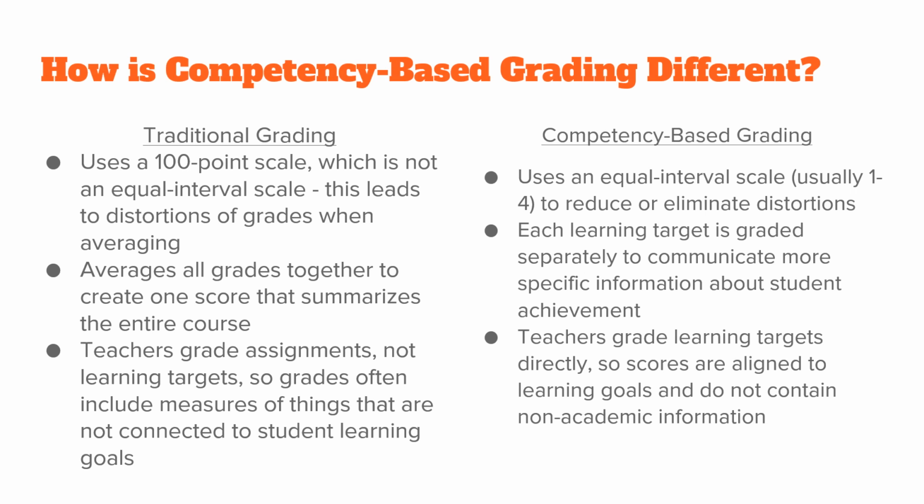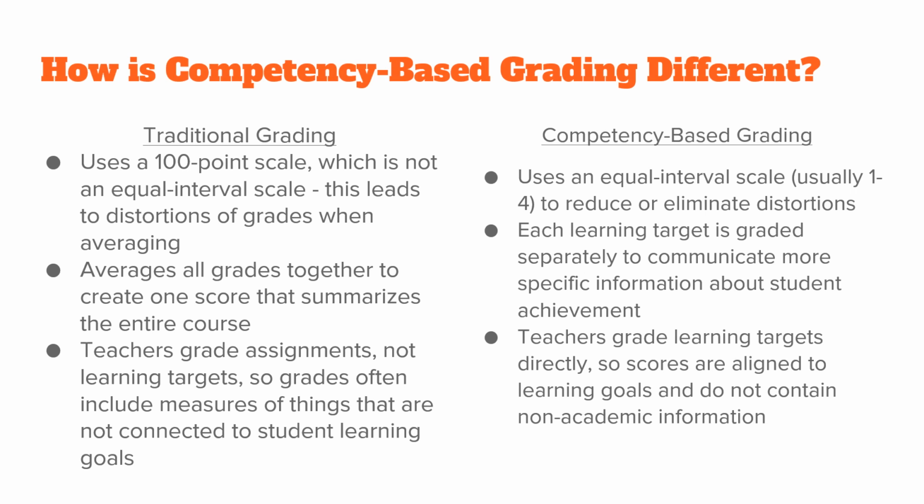One of the challenges to a 100-point scale is it's not what we call an equal interval scale when we match it up with the A, B, C, D, F, which basically just means that the difference between an F and a D is not the same as the difference between a D and a C. And so when we average lots of scores, what ends up happening is we have distortions of the grade. The grade can be distorted by oftentimes really low scores. So that's one reason why it's not typically used as a great measure of reporting student achievement.